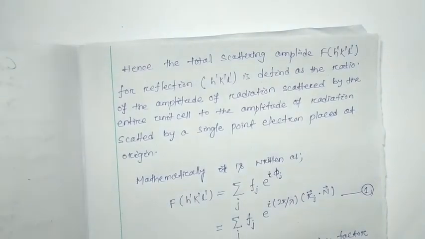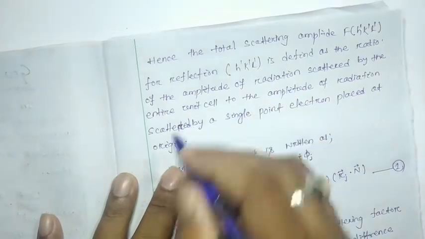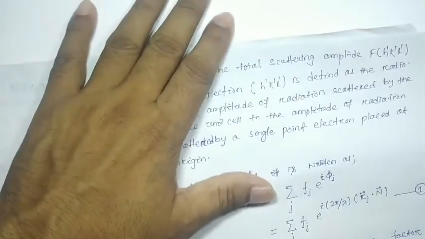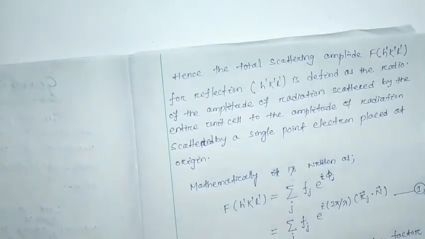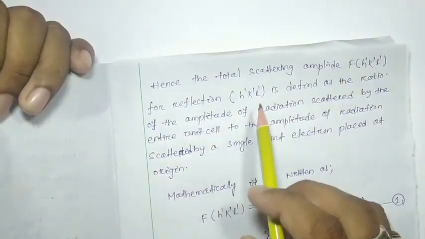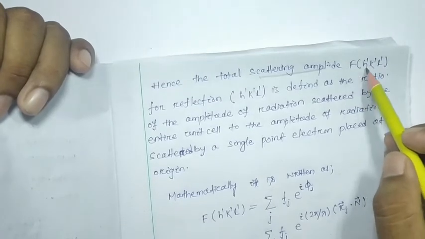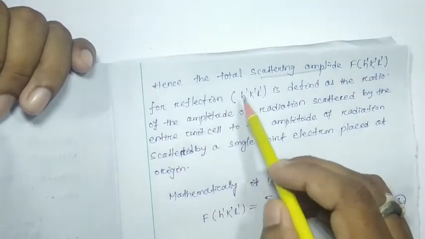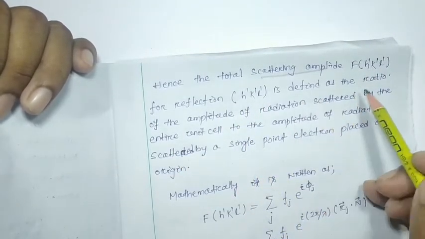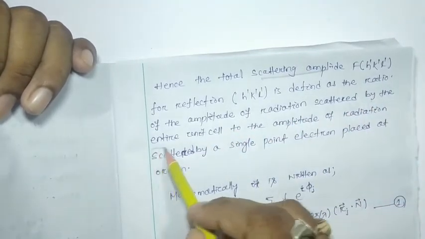This is scattered, mistakenly written. So the definition of the total scattering amplitude F for the reflection HKL is the ratio of the amplitude of radiation scattered by the entire unit cell.